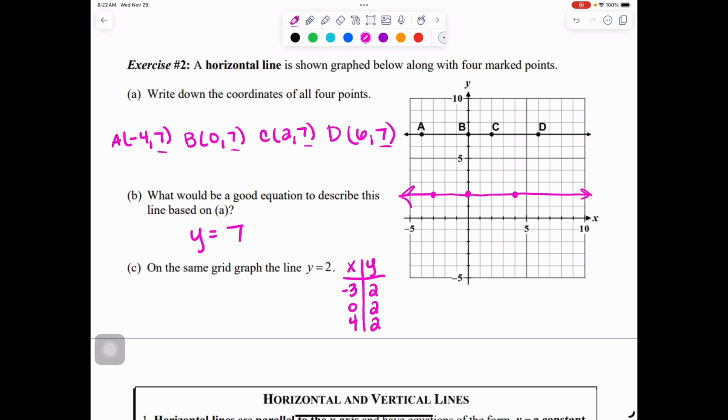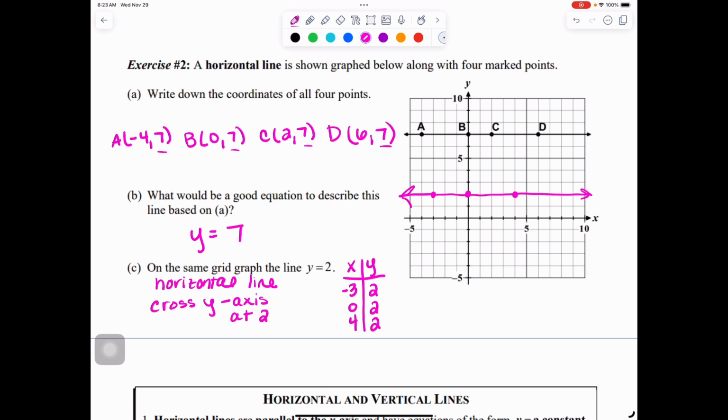Obviously, using the one above as a model, we know the y equals line should be horizontal. Another way you can start to learn and memorize how to graph them is that if it says y equals 2, you've got to know it's going to be a horizontal line, and that it's going to cross the y-axis at 2.